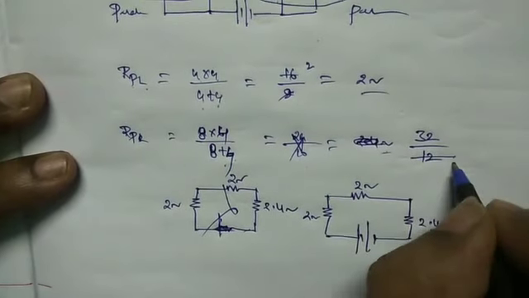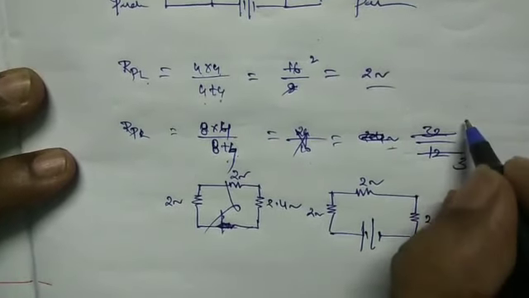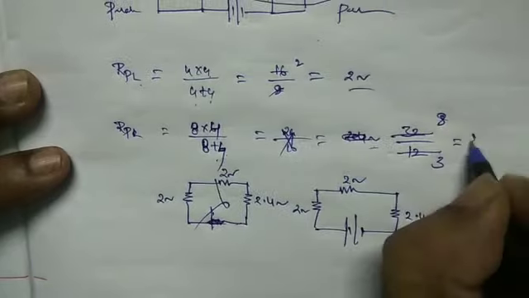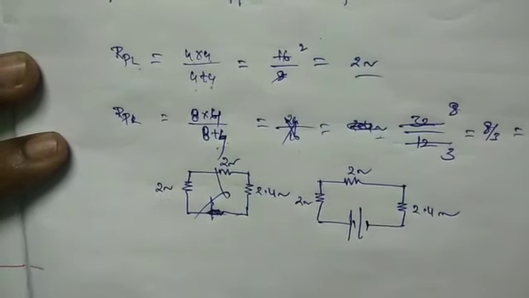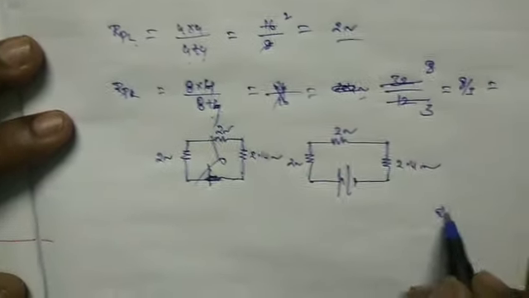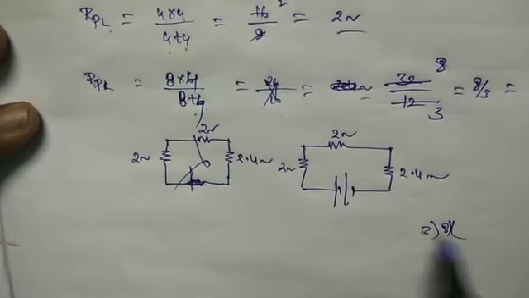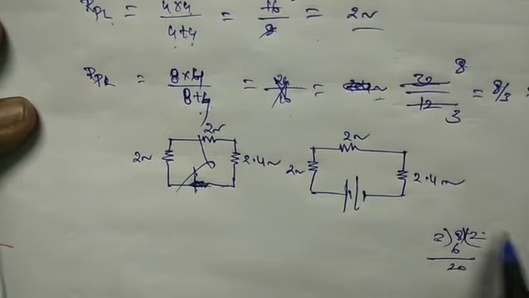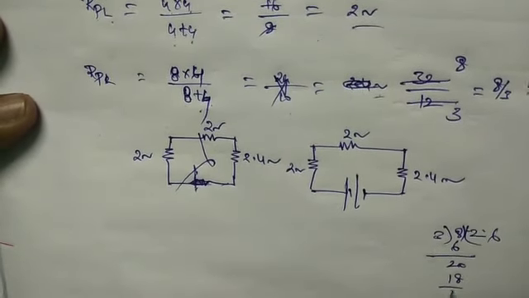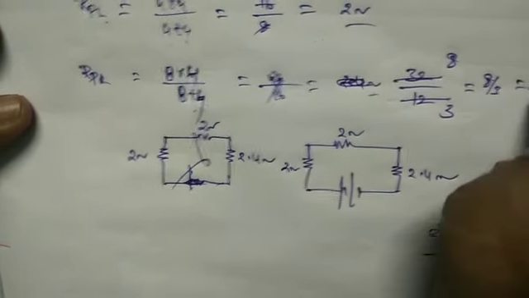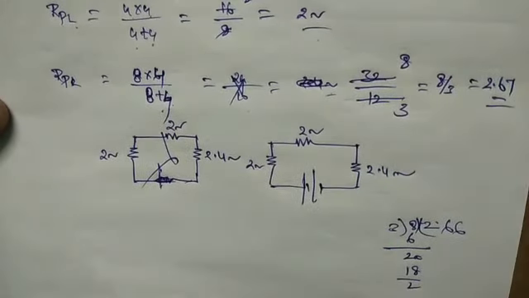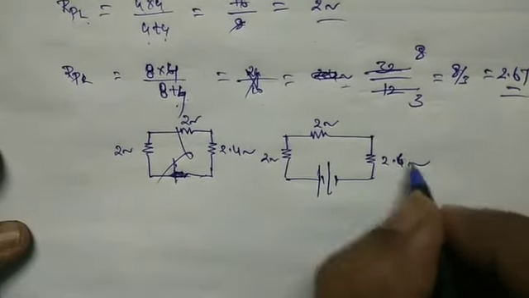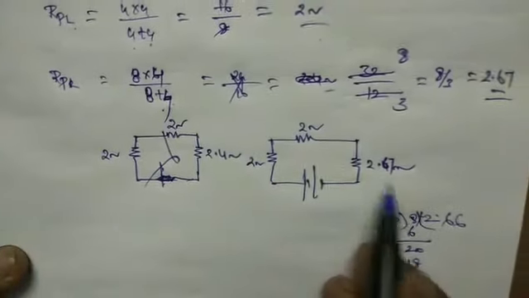So with the table, 4 threes are 12 and 4 eights are 32, so 8 by 3. So 8 by 3 means how much? 3 twos are 6, and again 2.0, 3 sixes are 18, again 2, so we can take it as 2.67 ohms. Again I repeat the diagram here.